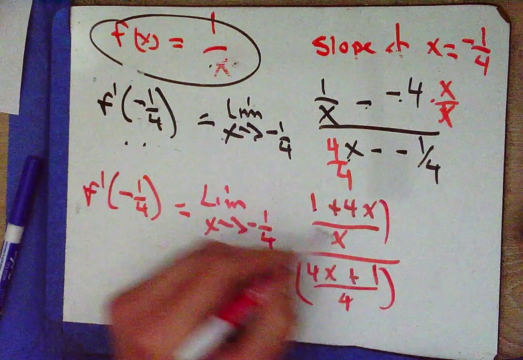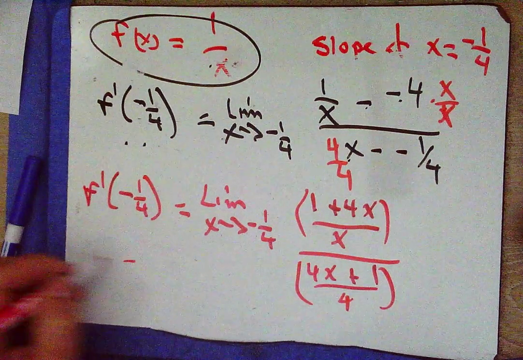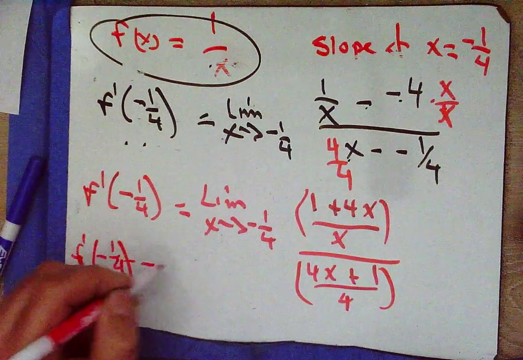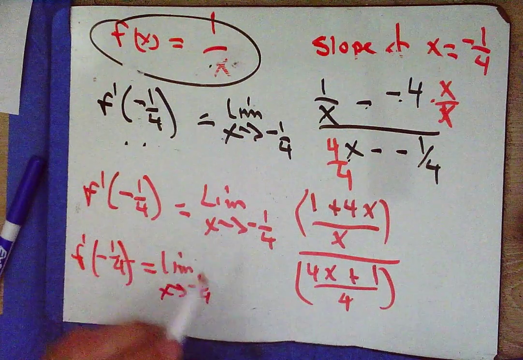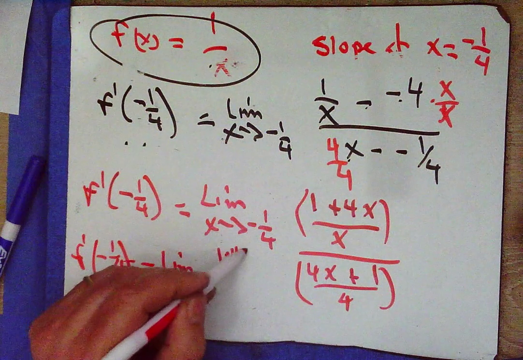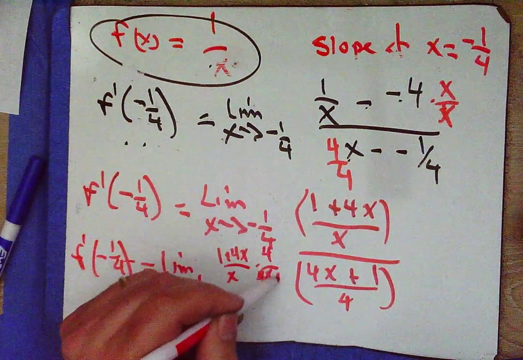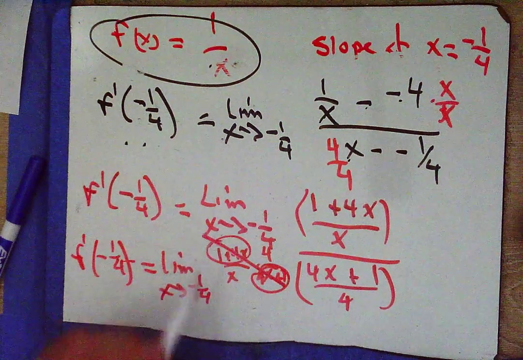Look, complex fraction. So what I'm going to do is flip and multiply. So now, f prime of negative 1/4 is going to be the limit, as x approaches negative 1/4, of (1 plus 4x) over x times 4 over (4x plus 1). And I notice that these are the same.